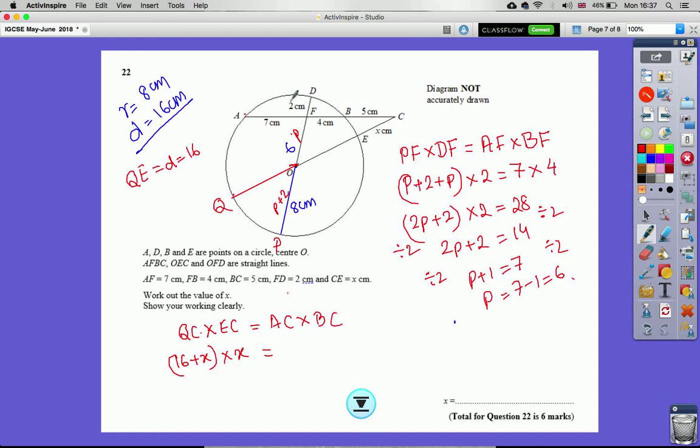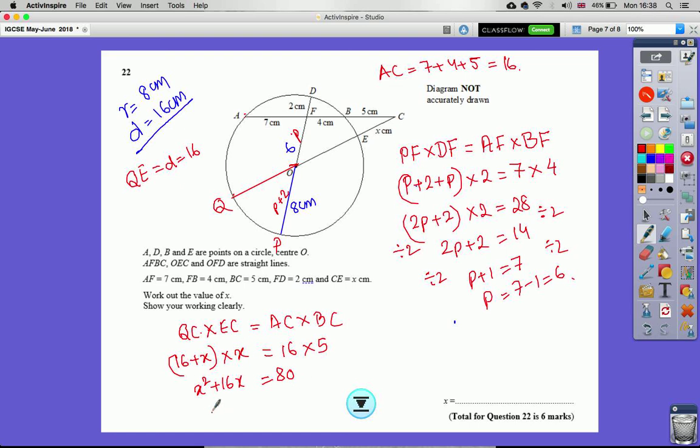AC is 7 plus 4 plus 5. You see, AC is 16 times BC is 5. So I'm getting here x squared plus 16x, and I'm getting 80 on this side.